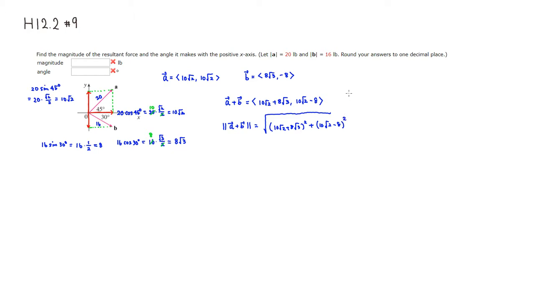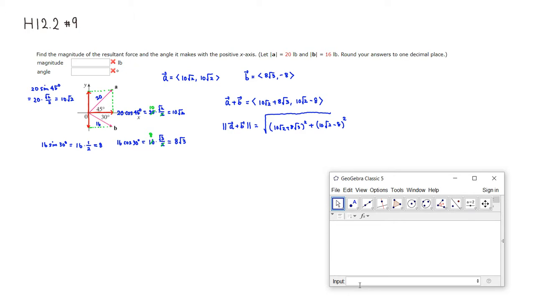All right, so let's compute this using GeoGebra. I open up GeoGebra here. I'm going to compute the square root of, and then we have to square those, so I'll put parentheses squared, parentheses squared.